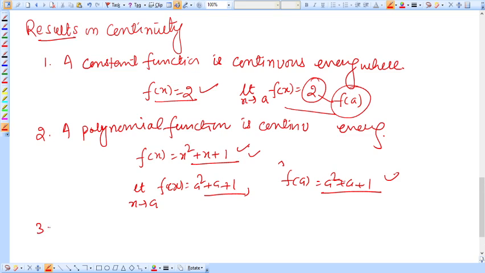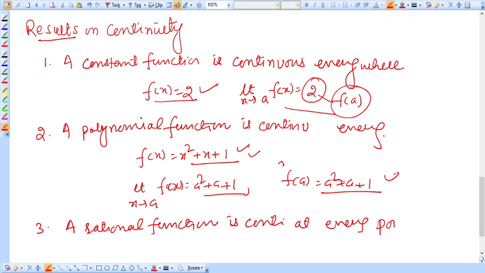Okay, so third result is a rational function is also continuous at every point of its domain.